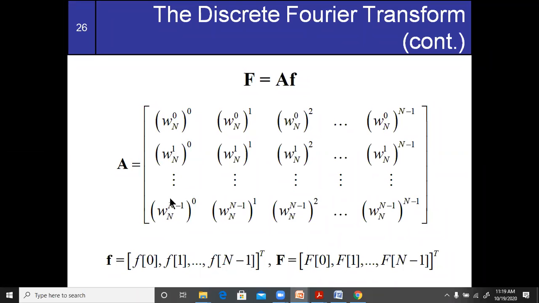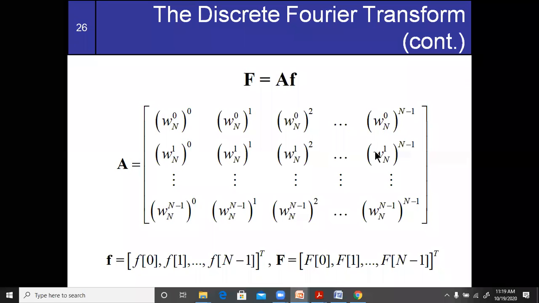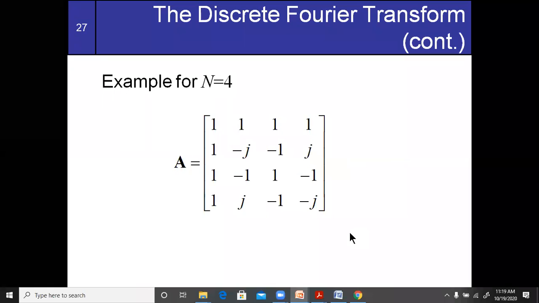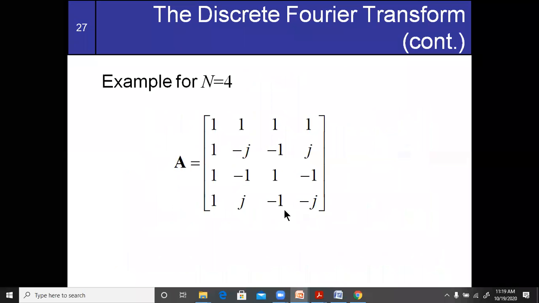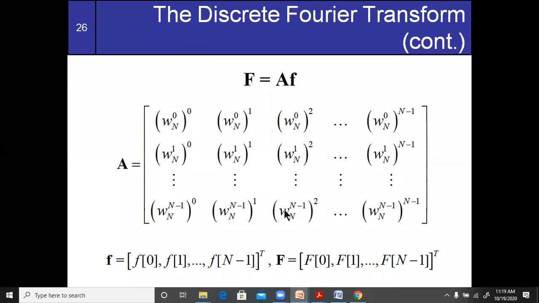So in the first column and first row, we will have all ones. Other things depend upon the values. So depending upon the value of capital N, when N is 4, then the first row and first column definitely are ones. The other values you just need to substitute and get the value.